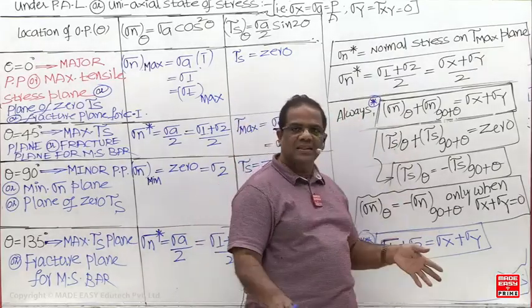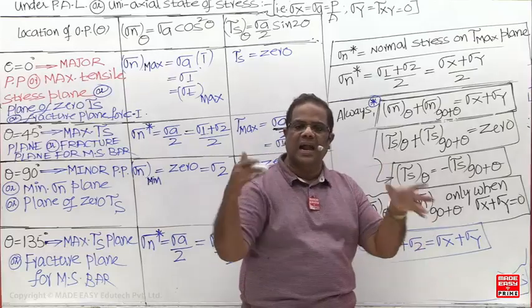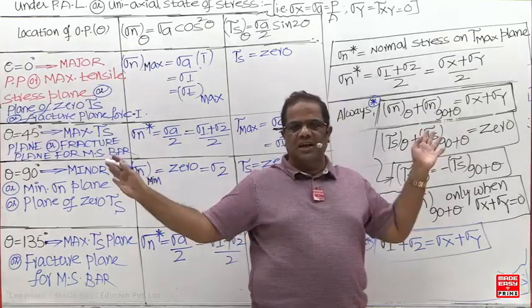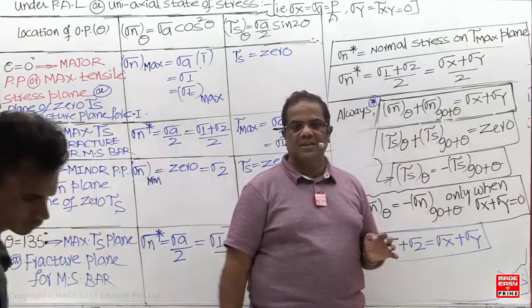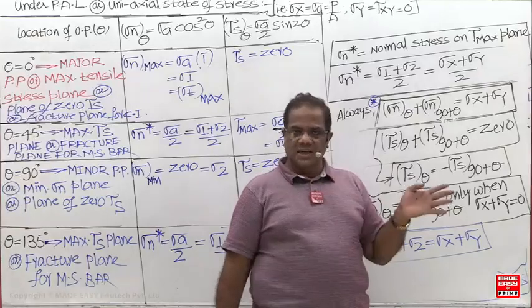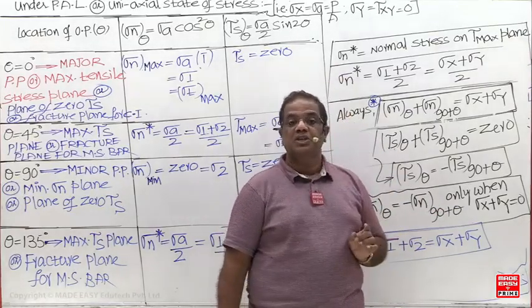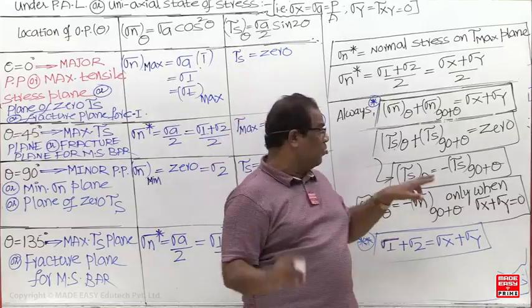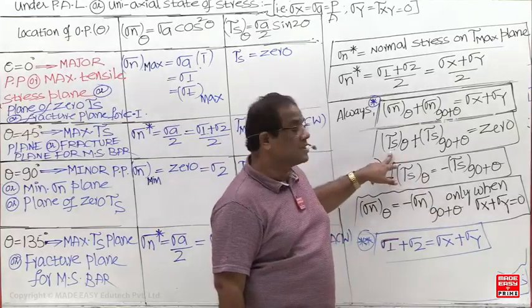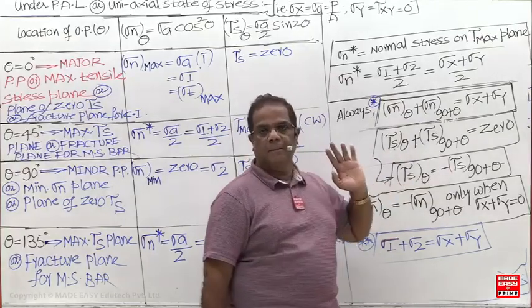Whether it may be a uniaxial stress or biaxial case or triaxial, whatever may be the state of stress, always on two mutually perpendicular planes, shear stresses are equal and unlike. That's why what you are calling complementary shear stresses are always equal and unlike.